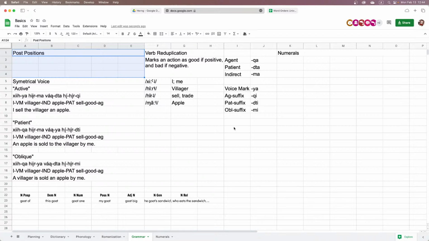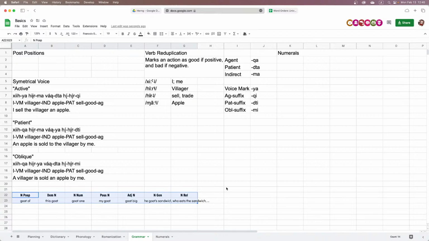So we're not going to have plurality. I don't think we're going to have marking on the verb aside from the symmetrical or the reduplication. We should figure out tense and aspect. That would be a good thing to figure out.